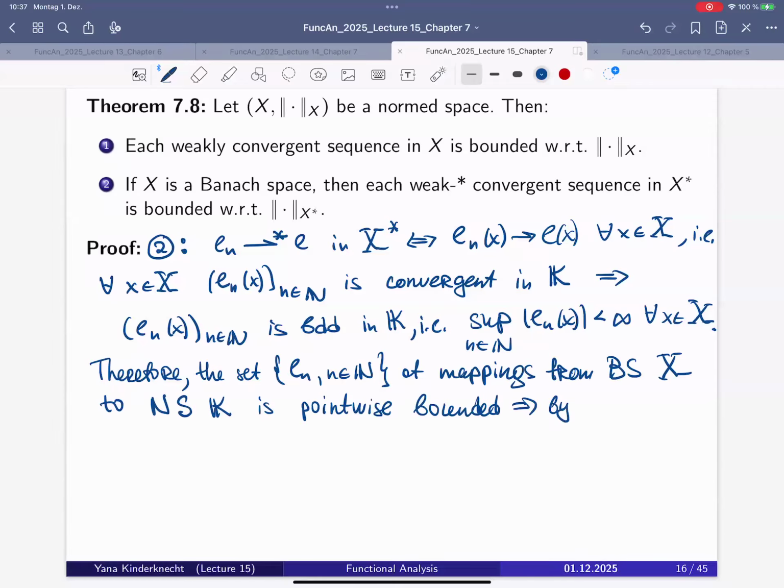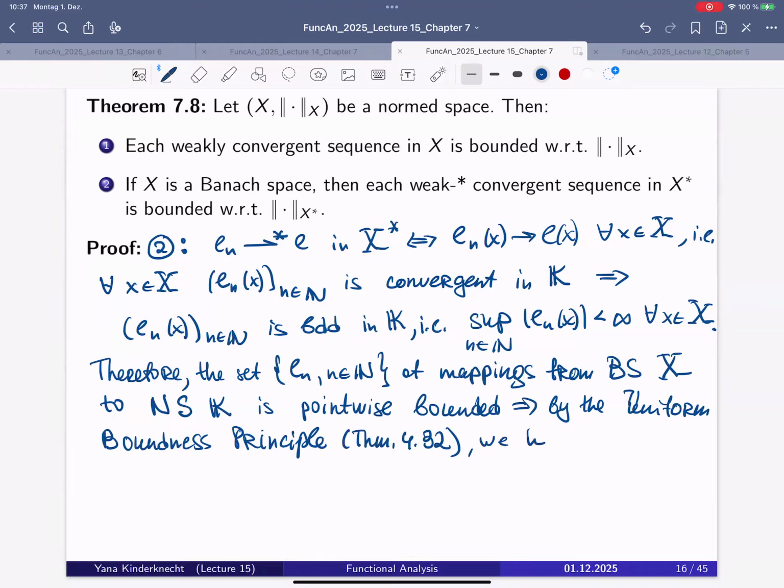Hence, by the uniform boundedness principle, I guess it was theorem 2.32, we have that the supremum of norms of all these linear functionals is also finite.